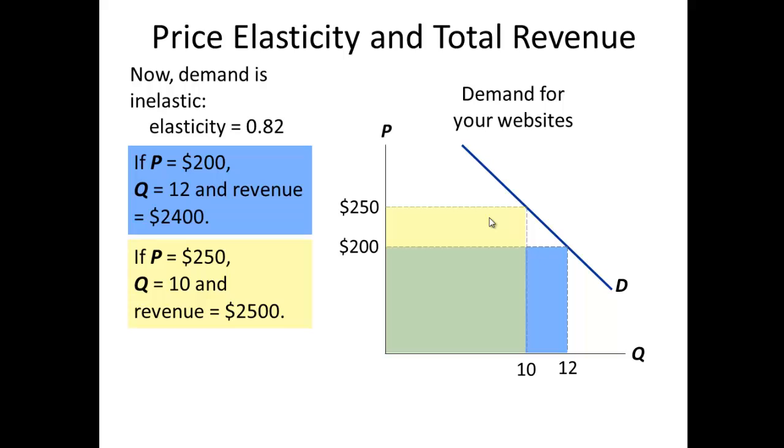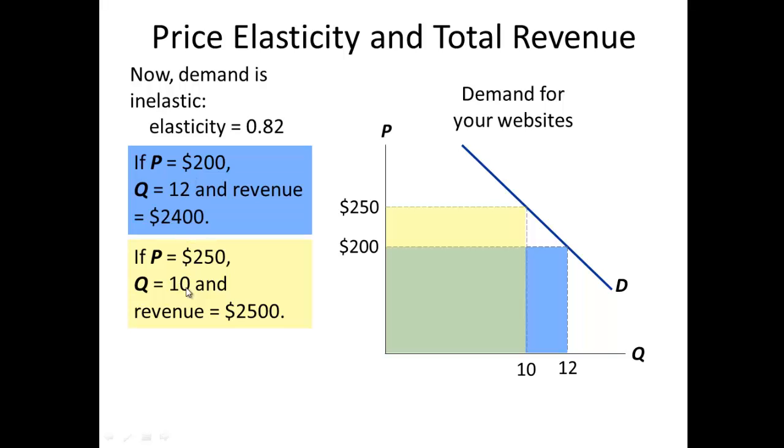On the other side, we have prices inelastic because the elasticity is less than 1. What we'll find here is that at 200, we're selling 12 units. At 250, we're selling 10 units. Price times quantity, 200 times 12 is 2,400.